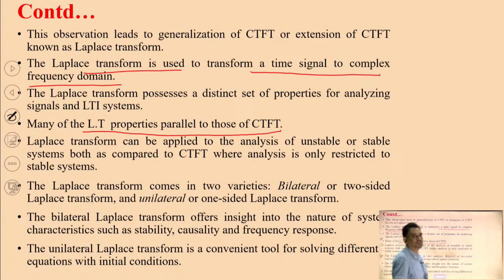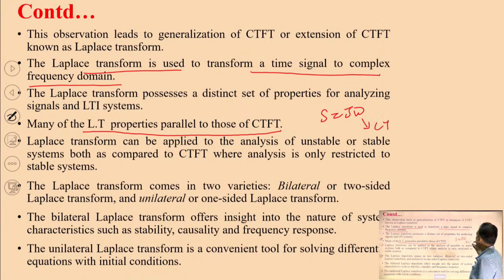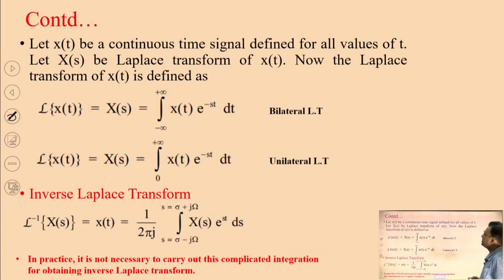The simple concept is that if you know the Laplace transform for a particular signal, and you check that the Fourier transform exists for that signal, then you simply write S equals j omega in the expression of Laplace transform, and you get the CTFT. But for that we have to check the convergence, the region of convergence, which we are coming to soon. So first of all we will see what the Laplace transform is.